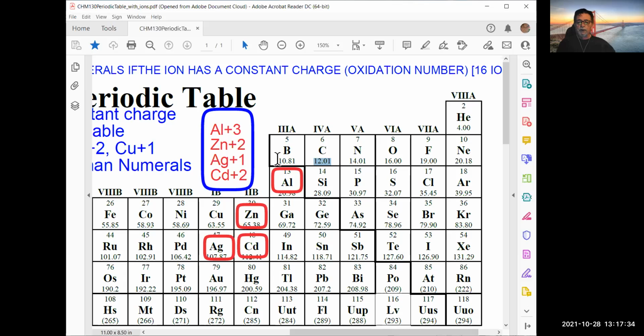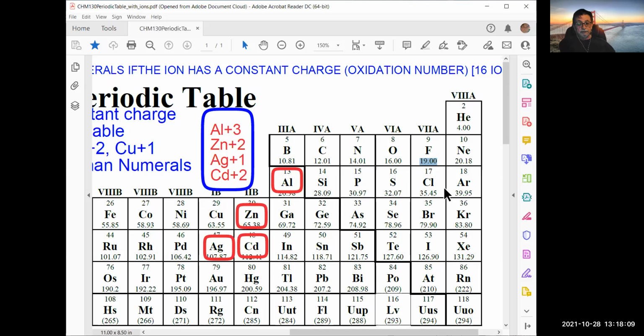If you weigh out 10.81 grams of boron, number 5, you have 6.02 times 10 to the 23rd atoms of boron. And that is true for any of these elements, okay? If I weigh out 19 grams of fluorine, which technically wouldn't be correct, right? Because fluorine is diatomic, so actually you double that.